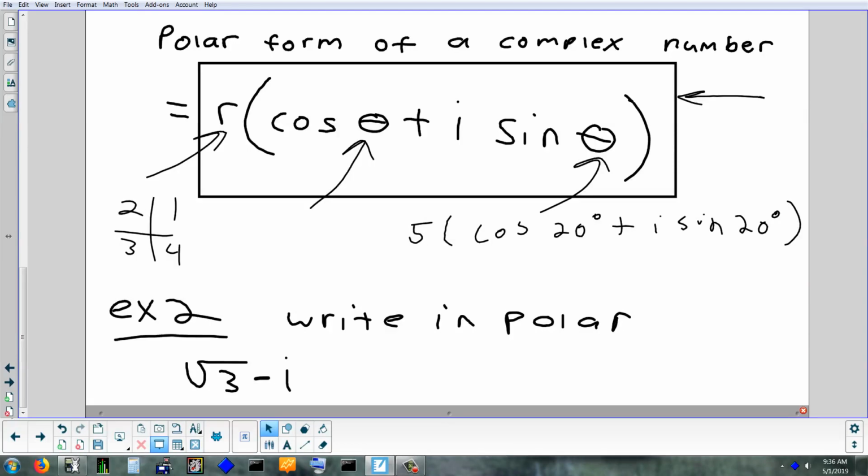Because if you take the cosine of 20 and then distribute the 5 to it, you're changing your answer back to what you started with. Same thing here. If you took the sine of 20 and distributed the 5 to it, you'd be changing it back to what you started with. I'll get to the end, circle the answer, and then we'll distribute it out and you'll see we just changed it right back to what we started with. So don't distribute it out.